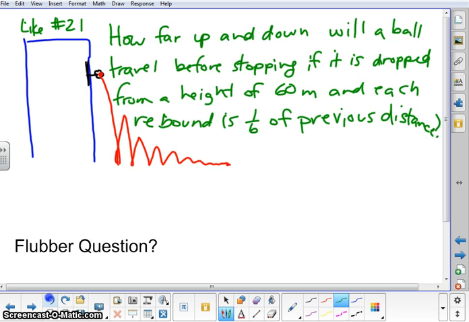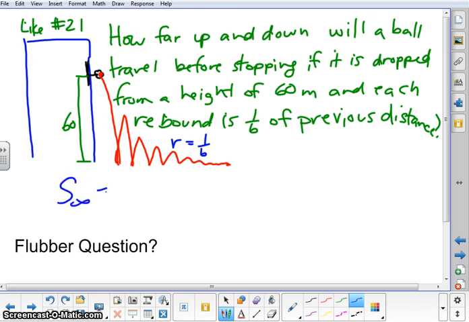All right, so let me explain this to you. First of all, the person, we could call that from our window, they are 60 meters high, and then the bounce is going to be 1/6 of its previous drop. So push pause and think about how that would happen. So you probably already figured out that 1/6 is going to be the common ratio, and let's try this in our formula.